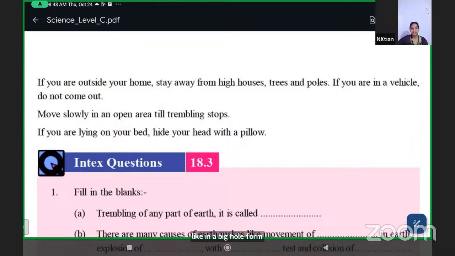But due to those vibrations, the foundation of a building or a house shakes, which may make the house or building collapse or fall. It may collapse down, it may fall on the side, but it doesn't go into a hole in the ground. Okay, anything else?